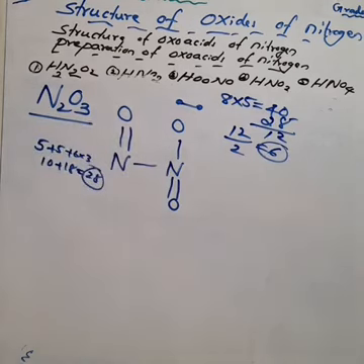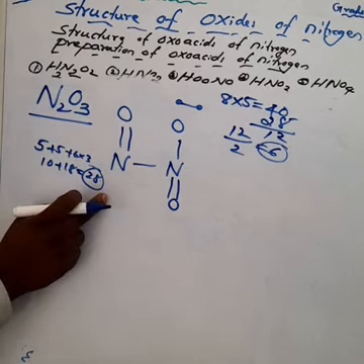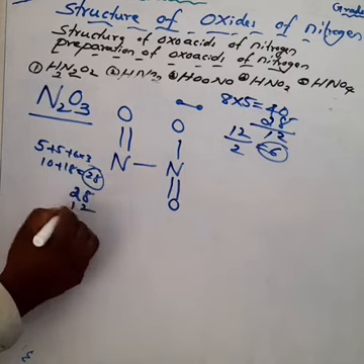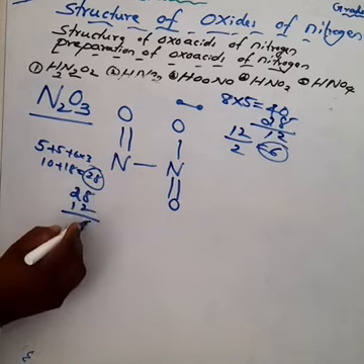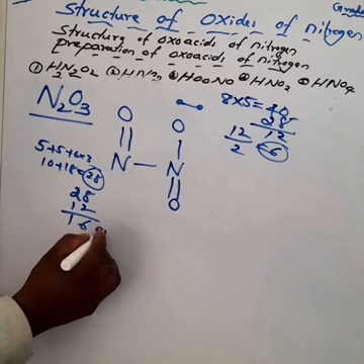So the 6 bonds are over. Am I right? Yes or no? Next, I told you that we have 28 electrons. Out of the 28 electrons, 12 are over. Am I right? 12 electrons, that means I am making bonds. So 12 is over. What is the remaining? 16. Am I right? 16 electrons remaining.